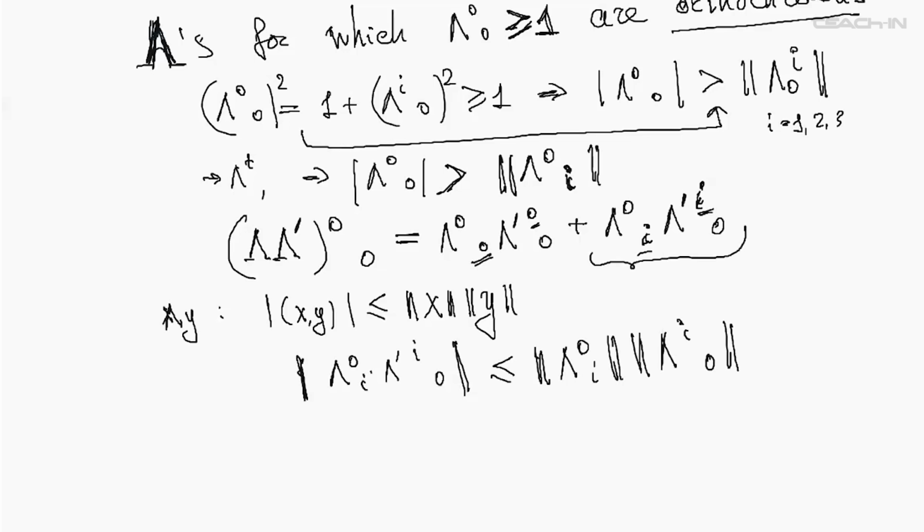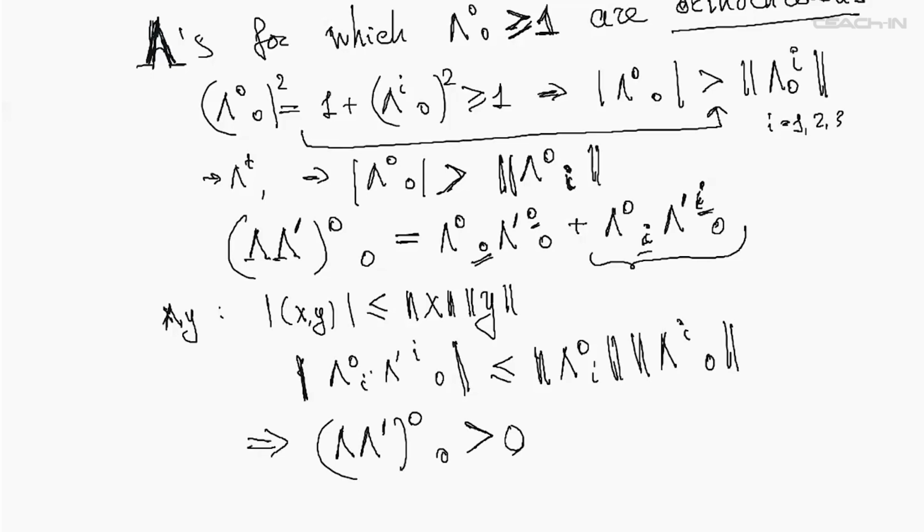And therefore, if you assume that lambda 0, 0 and lambda prime 0, 0 are both positive, from here you conclude that the product is also positive, which means that it must be bigger or equal to 1. Because any Lorentz transformation with positive lambda 0, 0 must have the property that its 0, 0 component is bigger or equal to 1.